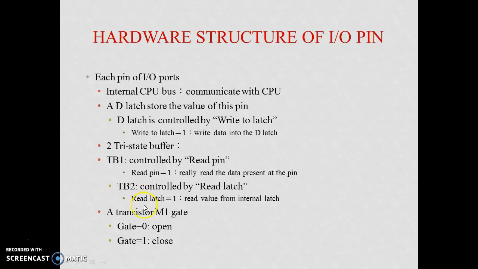Similarly, it has an NMOS transistor. When the gate is 0, it is open, and when the gate is 1, it is a closed switch. So this is the basic internal structure of this pin.